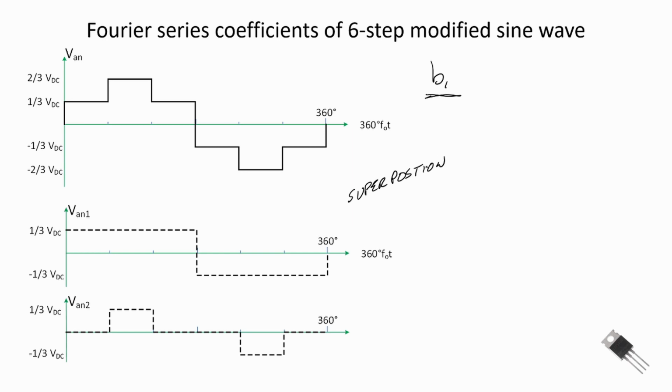And we see that our waveform is the summation of a square wave that has no angle offset with a height of 1/3 and minus 1/3, so that's right here.